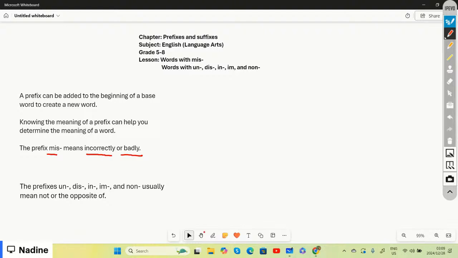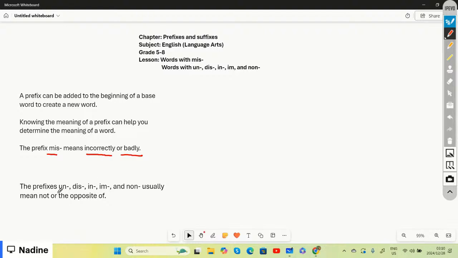During the course of our lesson, we're going to look at a few examples of prefixes with mis, as well as prefixes with an, dis, in, im, and non. But for now, if we add the prefix mis to our base word, it's basically going to turn into some form of a negative word, because it's going to mean incorrectly, wrong, or badly.